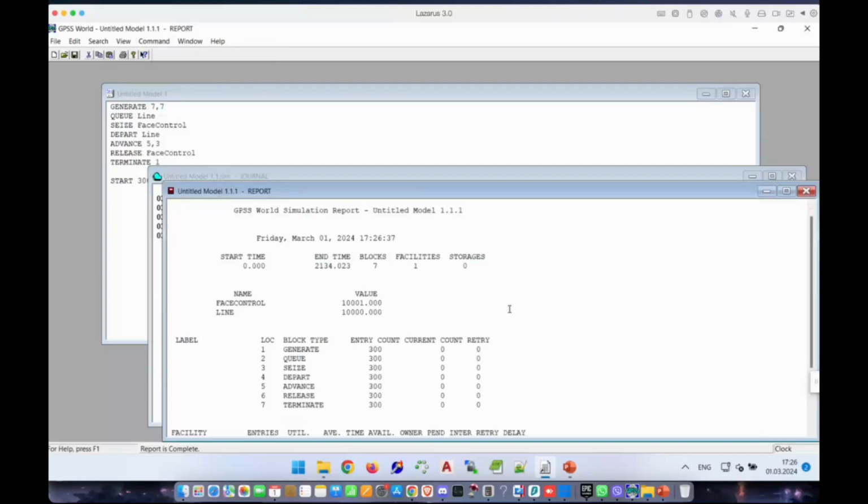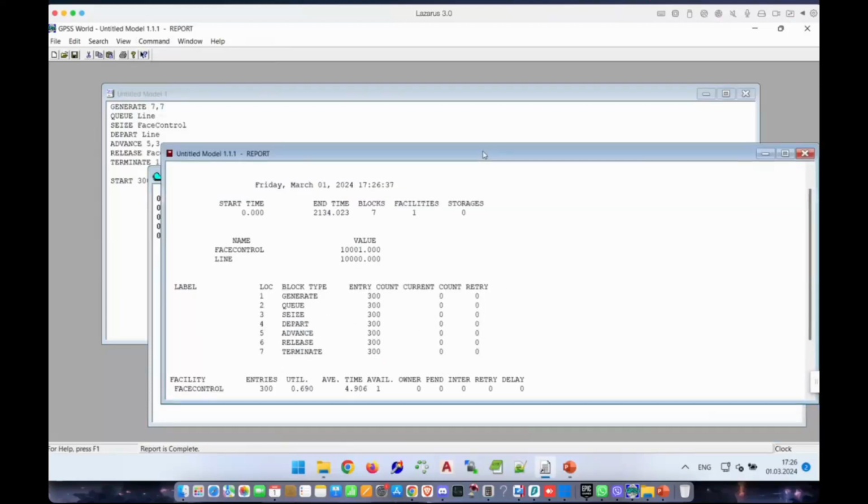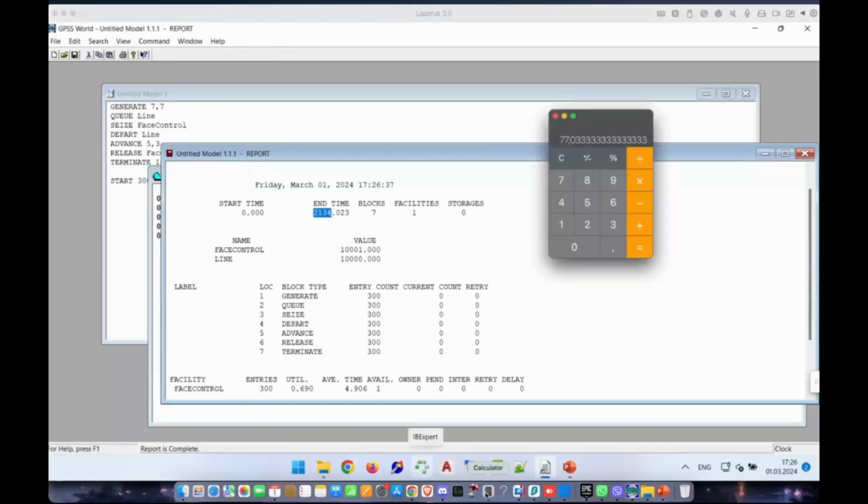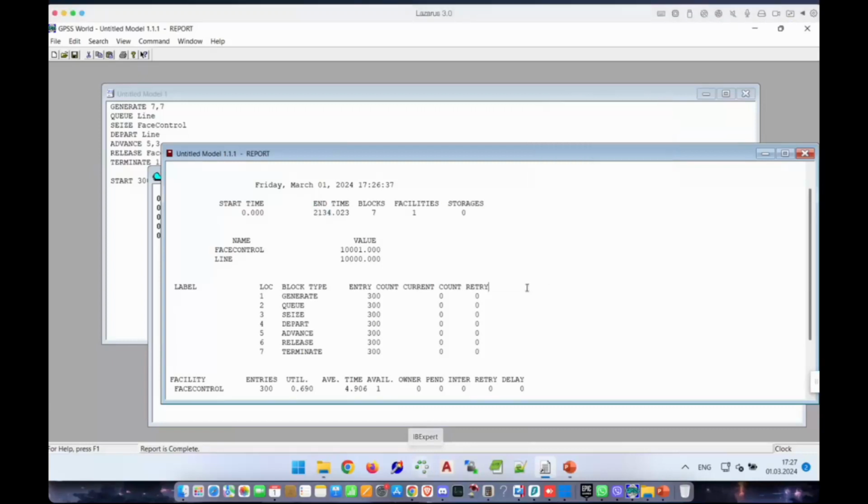So you see, on average, it takes like 2,134 seconds. For sure, we can even convert this to minutes, so it's going to be divided by 60. So it's a bit more than half an hour. That's the idea.